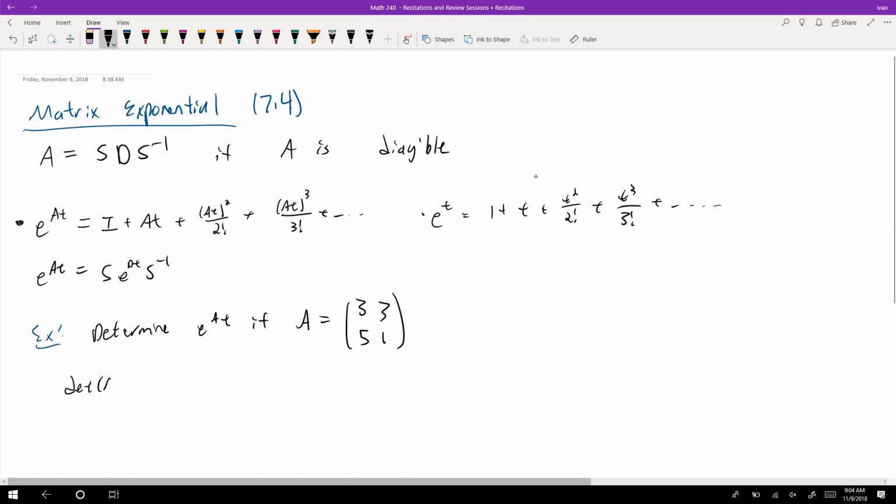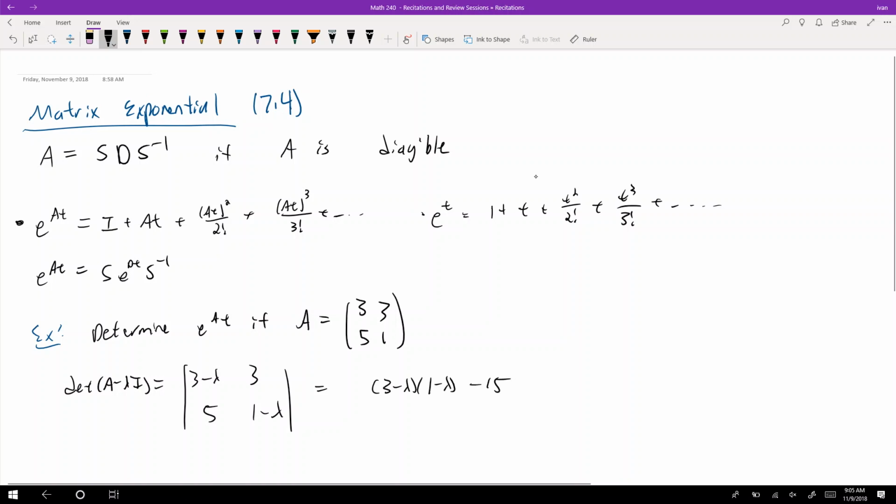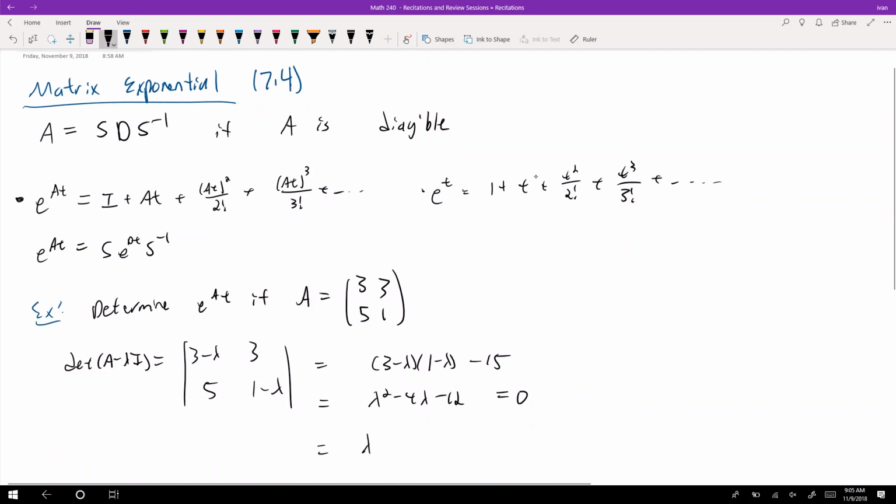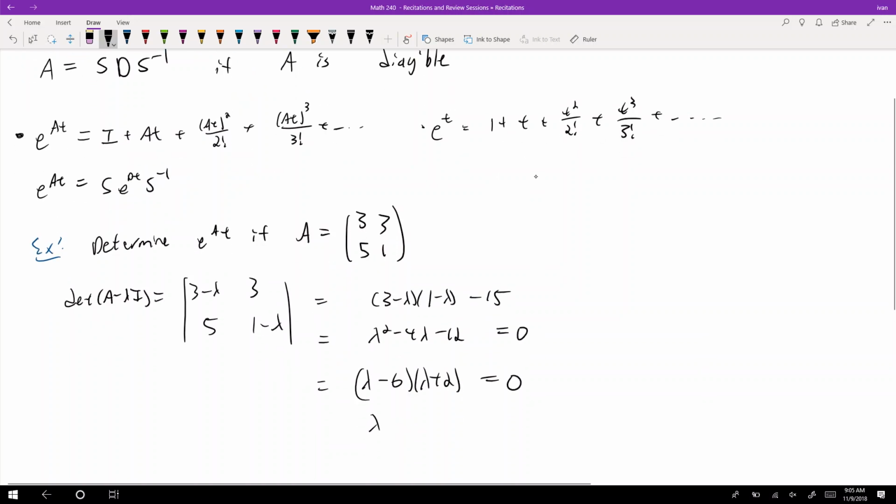So the characteristic polynomial, the determinant of A minus lambda I, is the determinant of [3 minus lambda, 3; 5, 1 minus lambda], which is (3 minus lambda)(1 minus lambda) minus 15. That should be lambda squared minus 4 lambda minus 12, set equal to 0. And then you get (lambda minus 6)(lambda plus 2), so our roots will be 6 and negative 2.